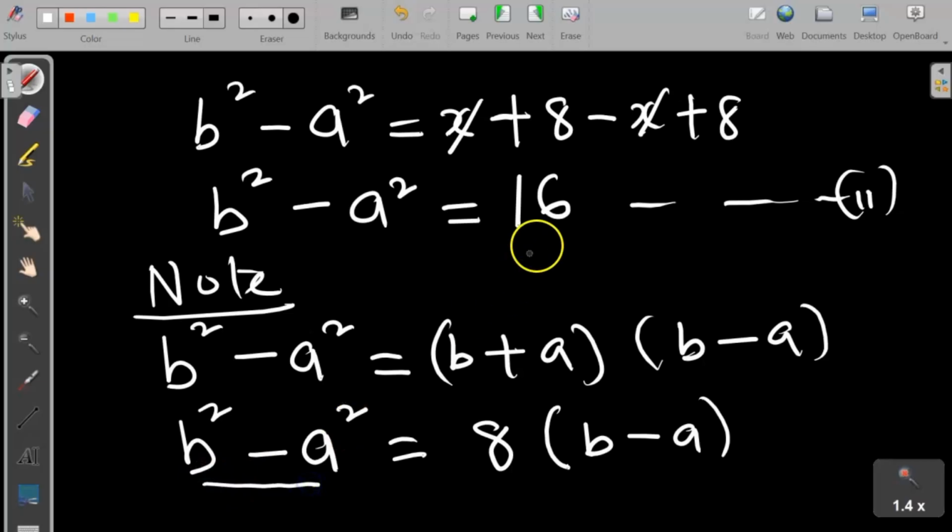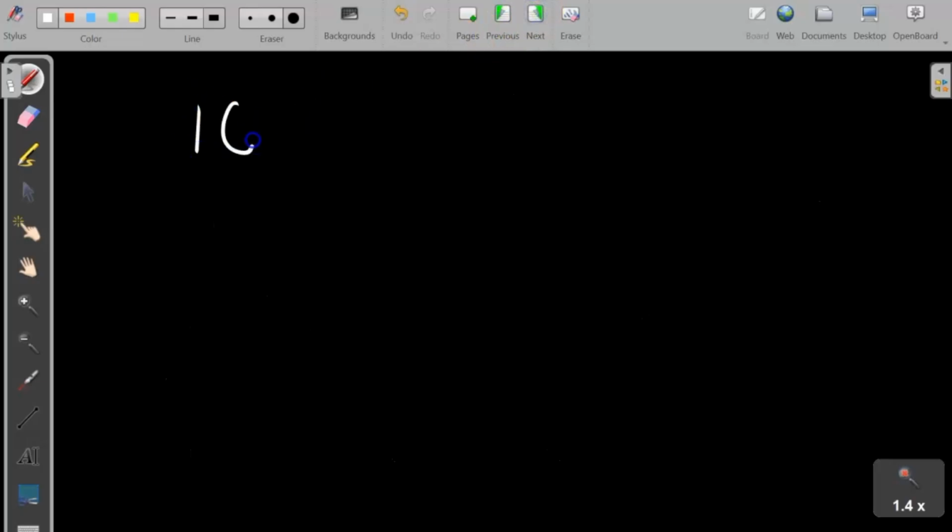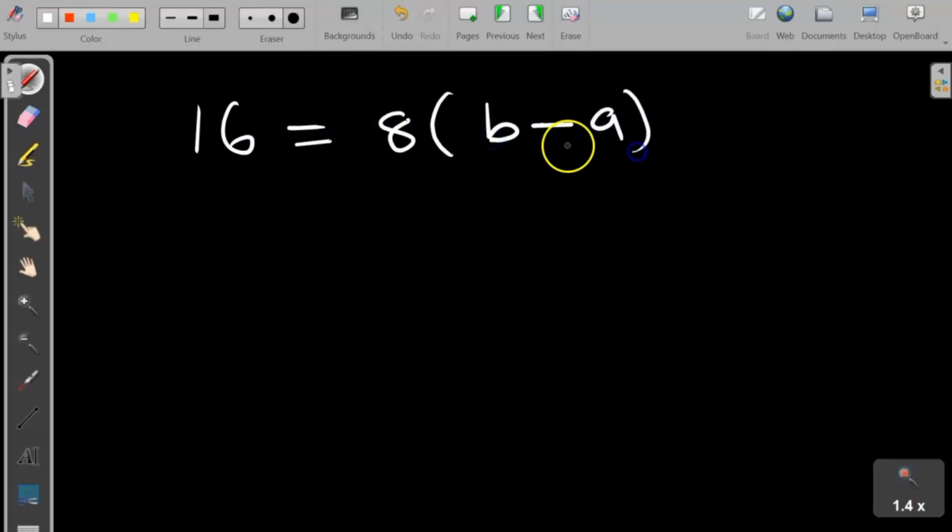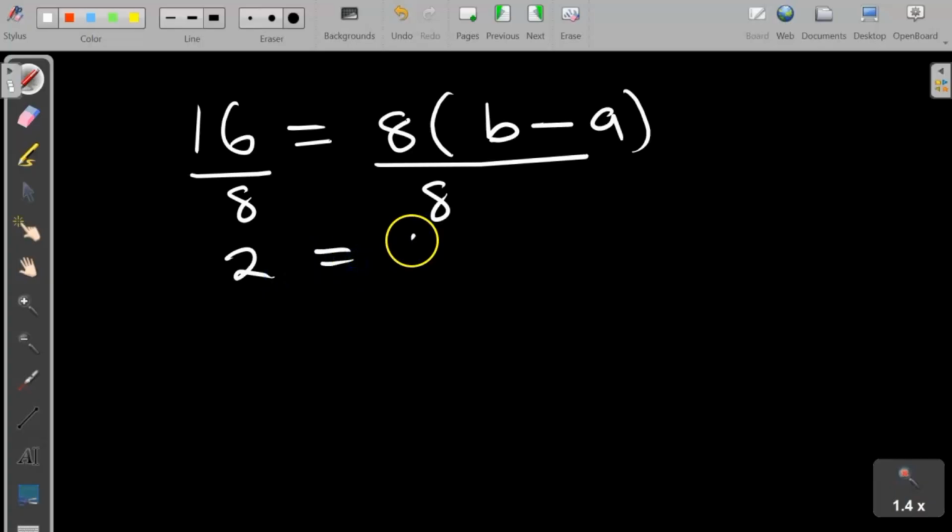This b squared minus a squared is equal to 16. So 16 is equal to 8 into b minus a. Dividing both sides by 8, 2 is equal to b minus a. Let me leave this as equation 4.